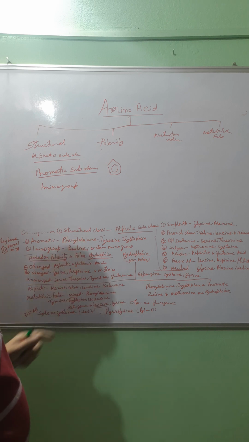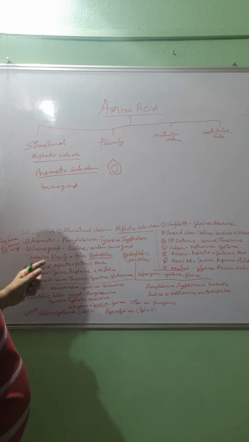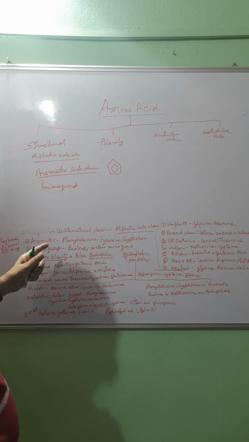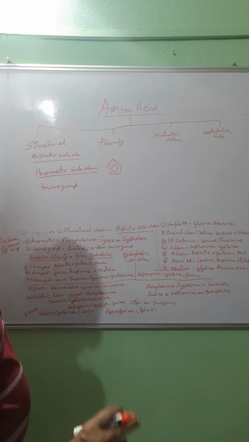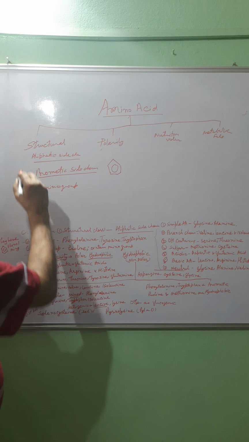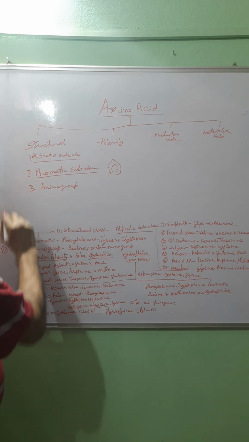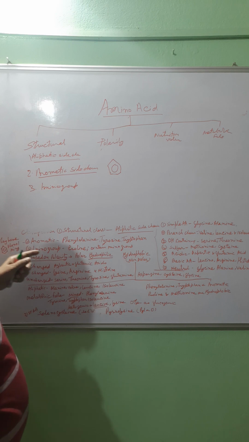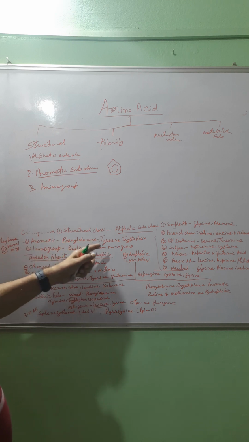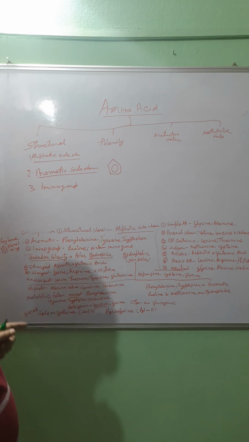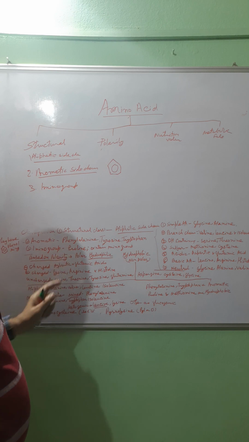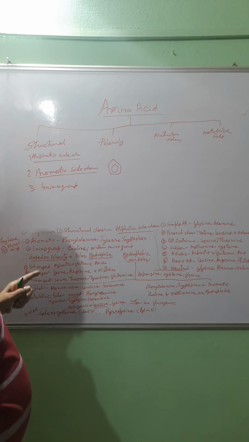Then, these are the structural classification: aliphatic side chain, aromatic side chain and imino group. Aromatic side chain: phenylalanine, tyrosine and tryptophan, and imino group, that is proline. Only one example, proline.